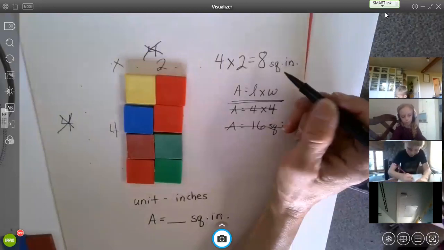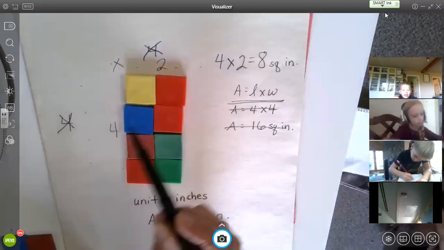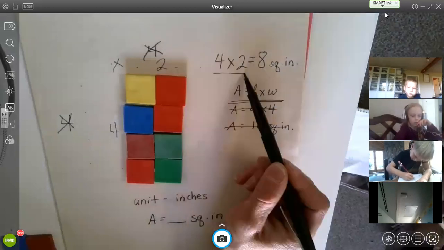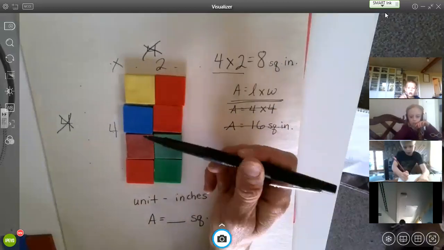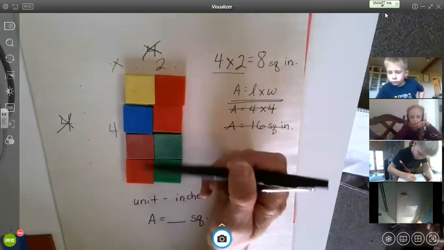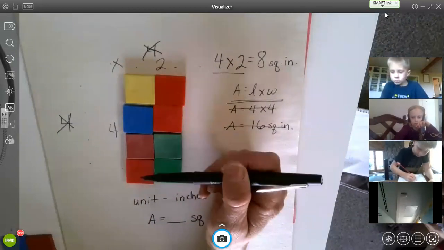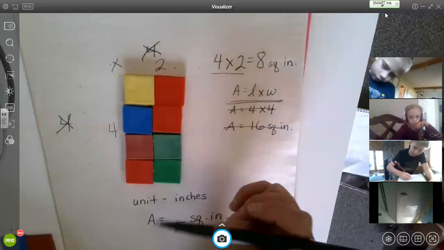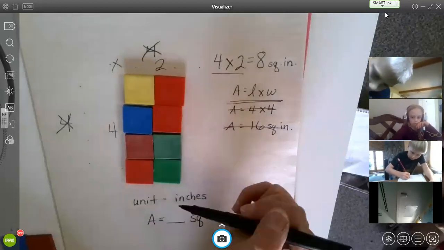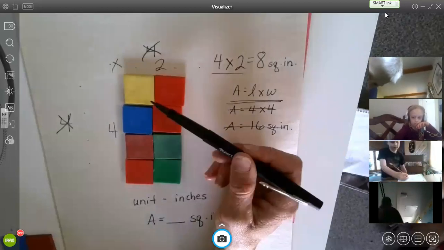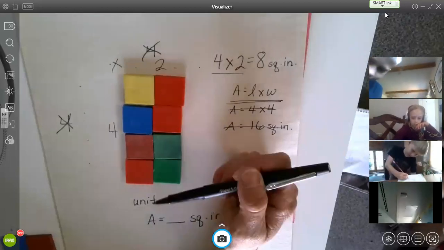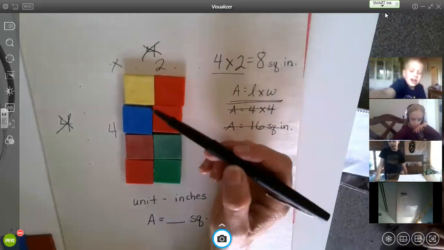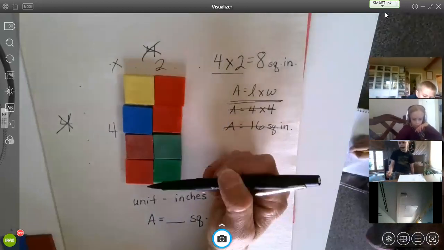Okay, Evie, is there another way to figure out what 4 times 2 was? What did you do? Oh, I thought you said you added these up. Okay, can anyone tell me how I might figure that out? Elena. You could count by 2s. 2, 4, 6, 8.